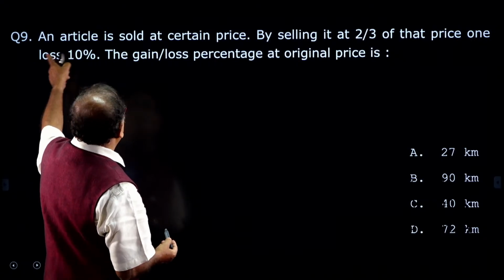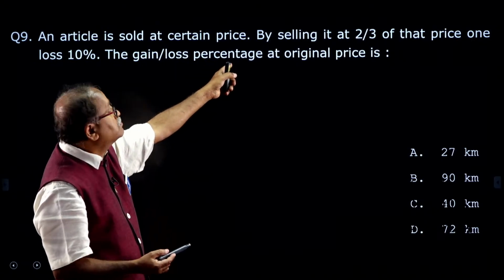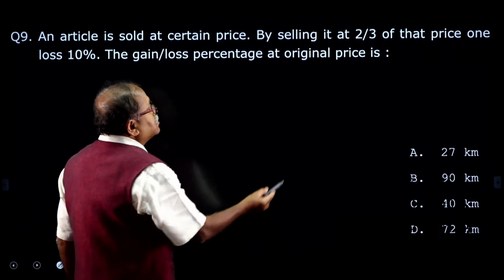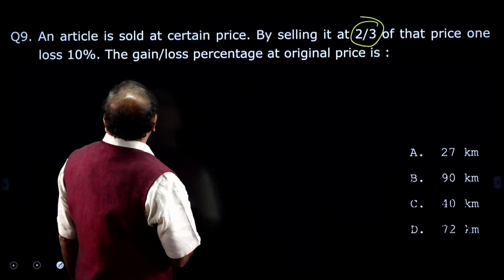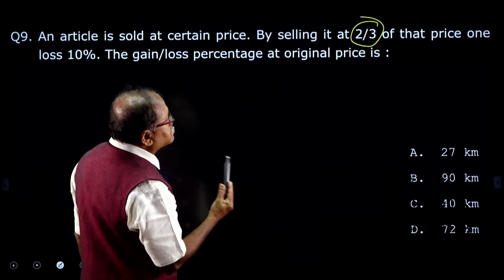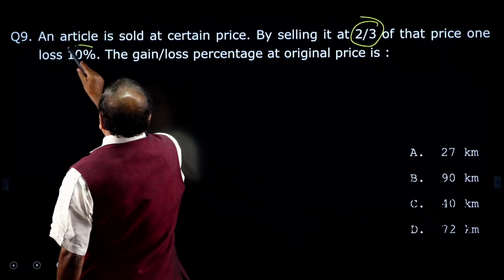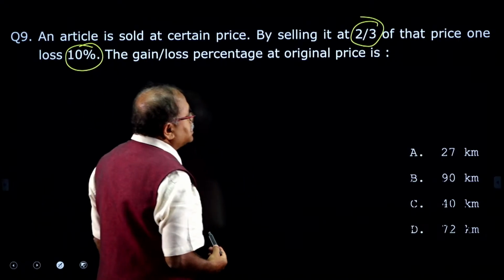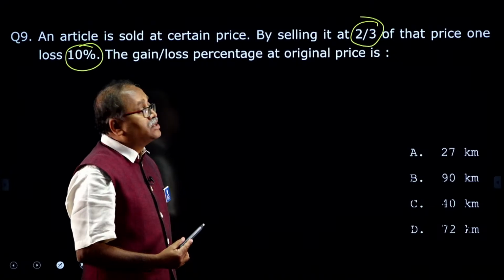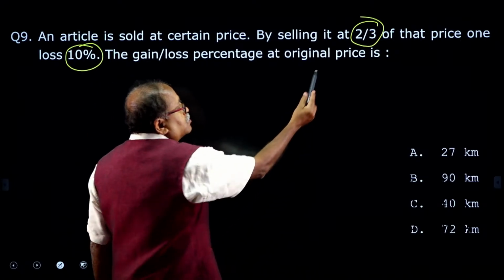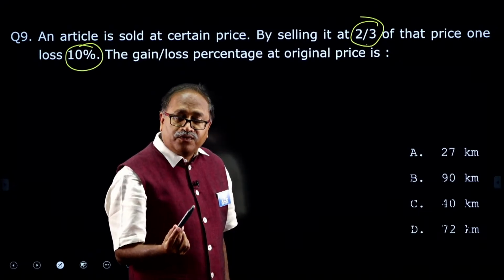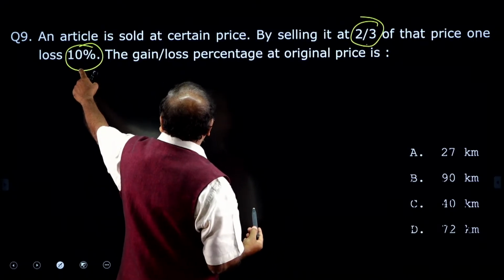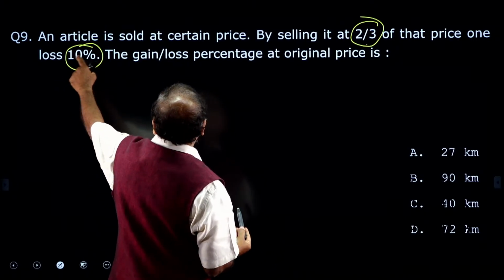Now, an article is sold at a certain price. The selling price is 2/3 of the price at which one loses 10%. Selling price is 2/3 of the cost price, when there, 1 minute.